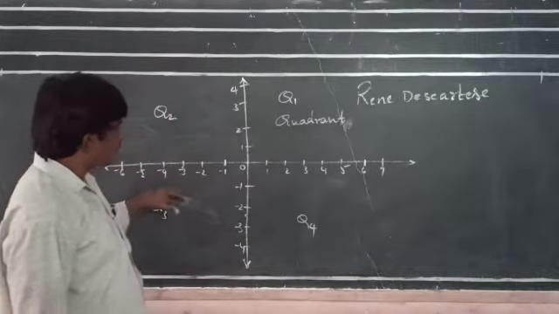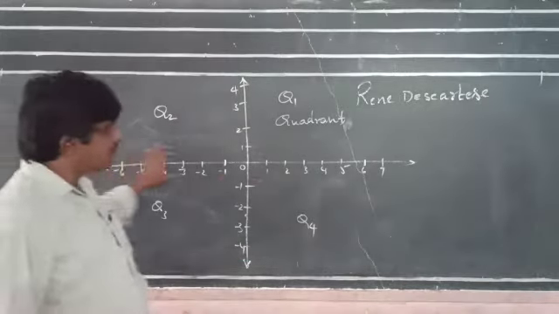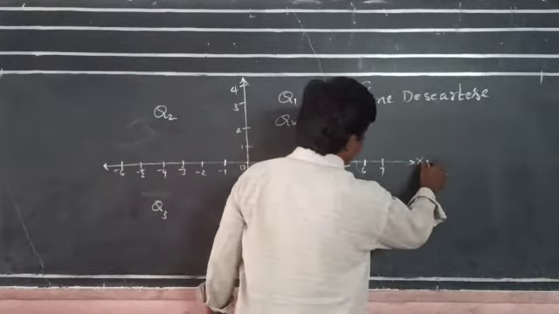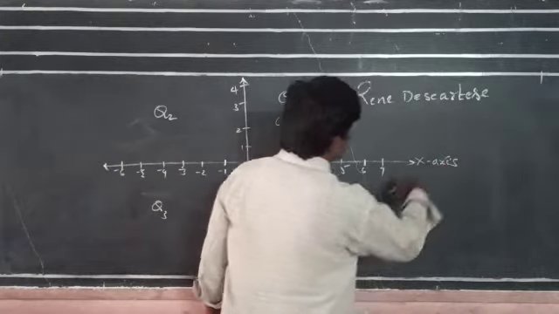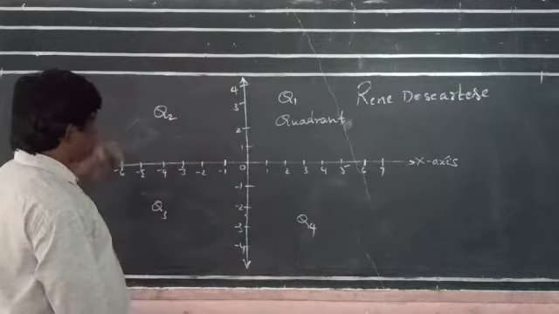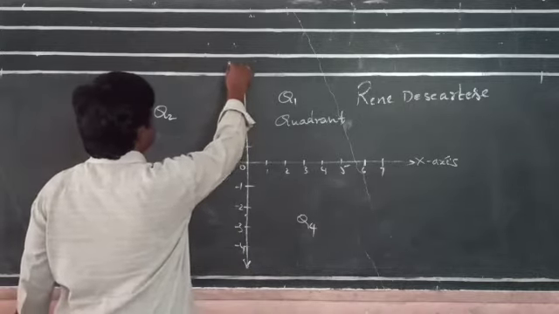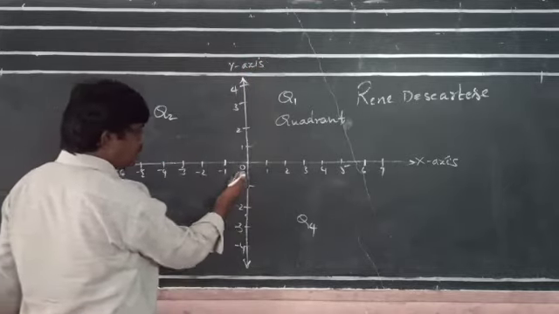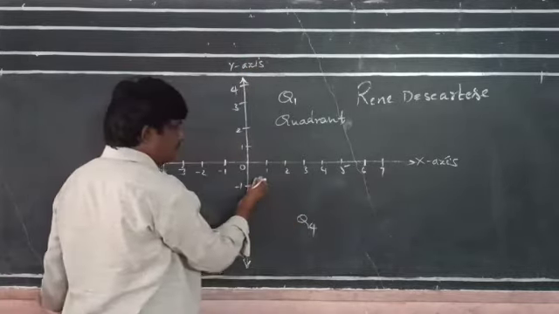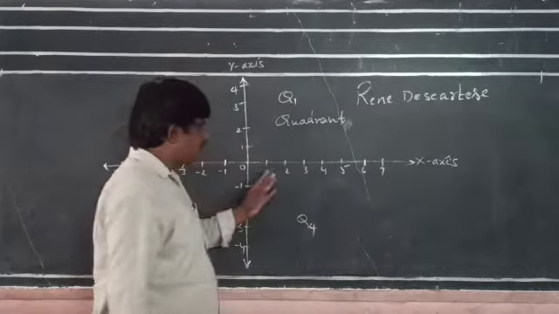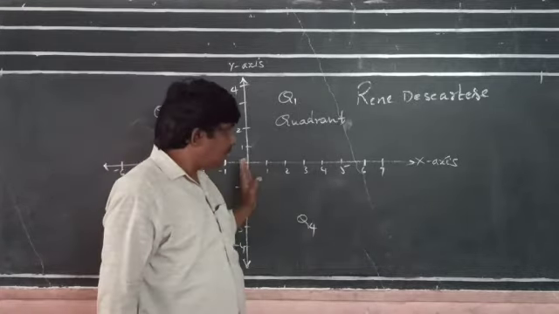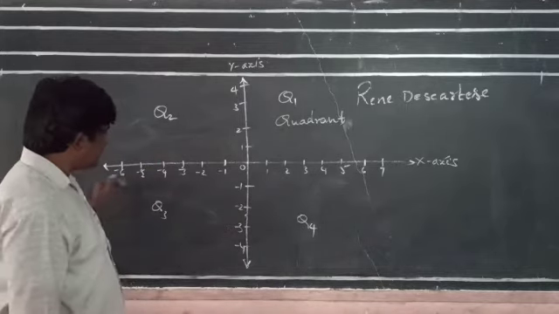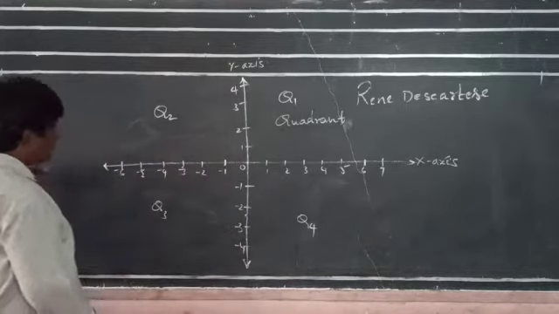After that, the horizontal number line he considered as the x-axis, and the vertical number line as the y-axis. Where the positive numbers go, that is the positive x-axis, and where the negative numbers are, that is the negative x-axis.